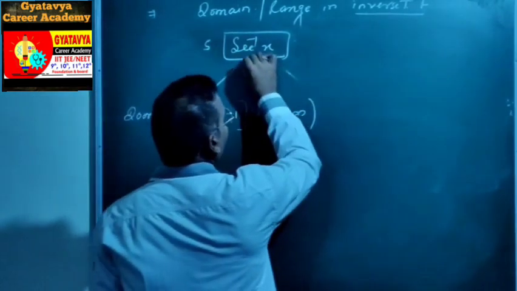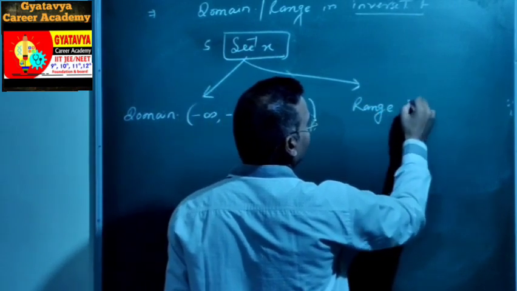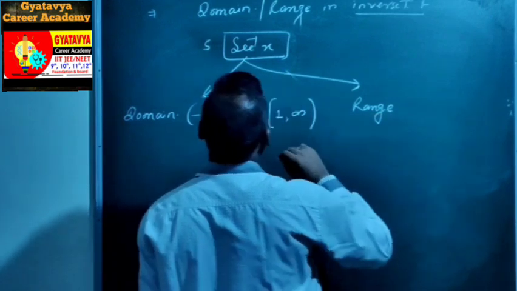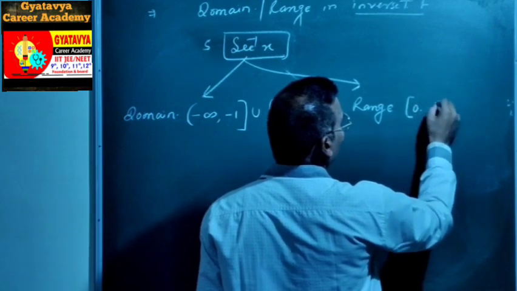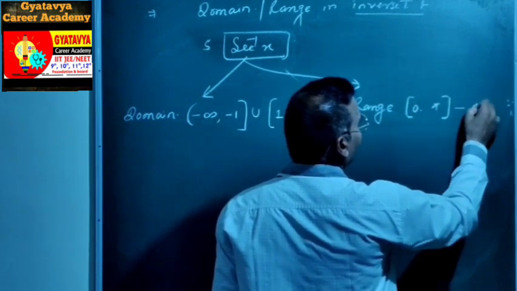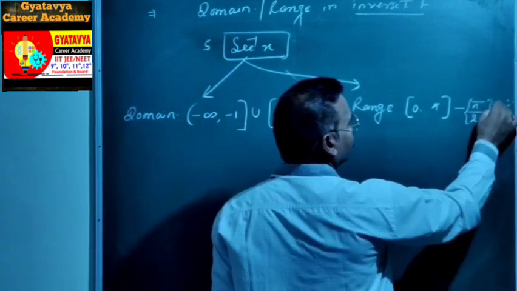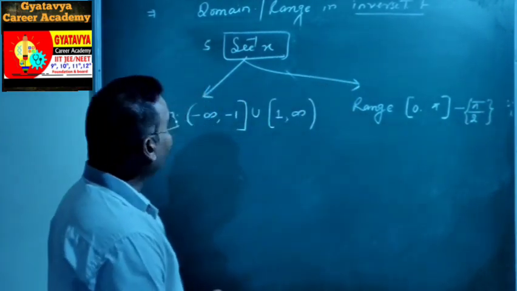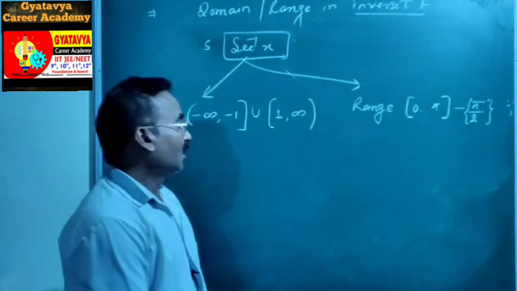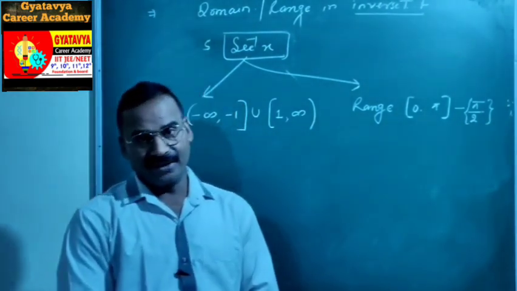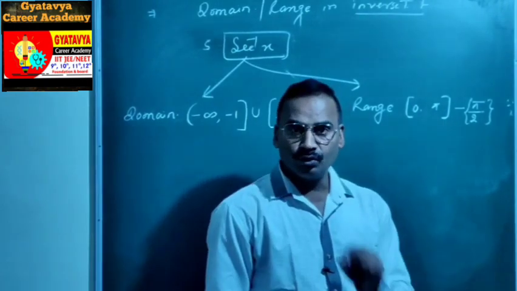Okay, now the range of sec inverse x is 0 to pi except π/2, because at π/2 sec x gives the undefined value. So you have to exclude π/2 from 0 to pi.